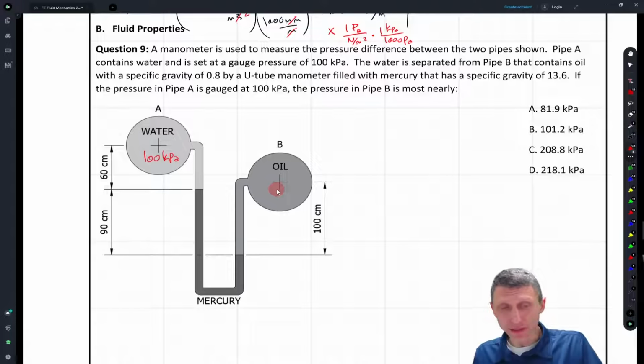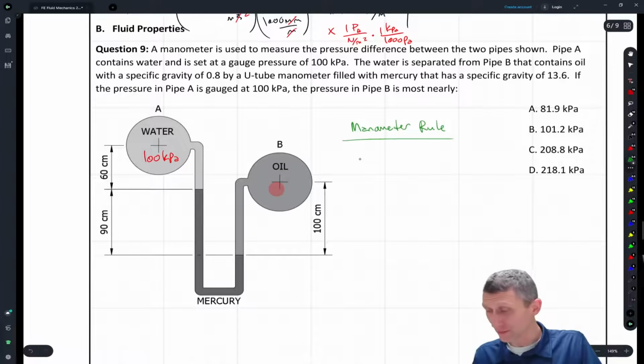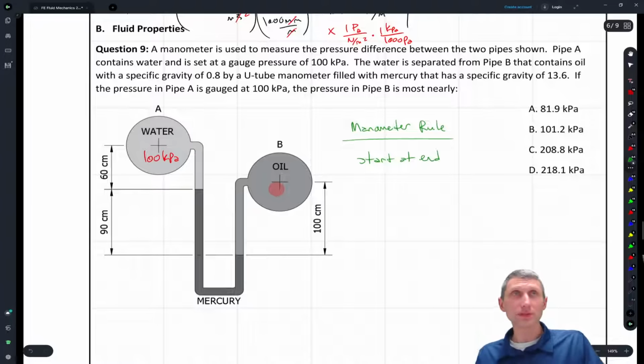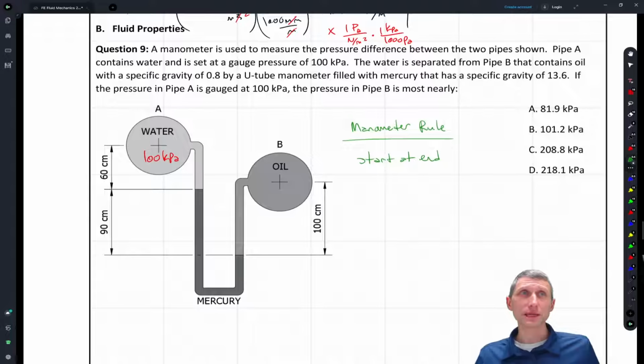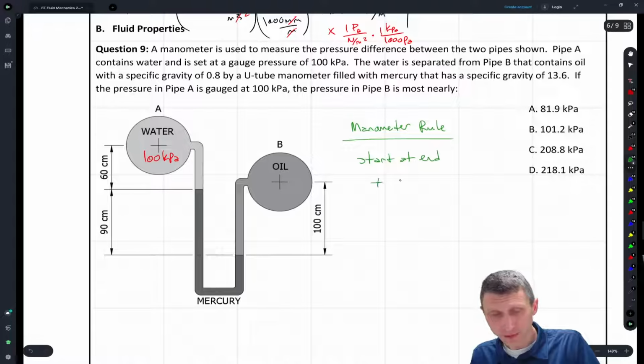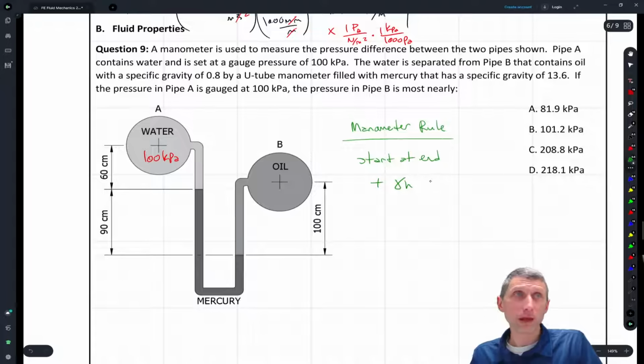And the manometer rule, basically, the way that I learned it, or maybe you learned it a different way. But the manometer rule, what I think of is you start at the end, and then what we're going to do here is essentially add gamma H, so plus gamma H when moving down, and subtract gamma H when going up.